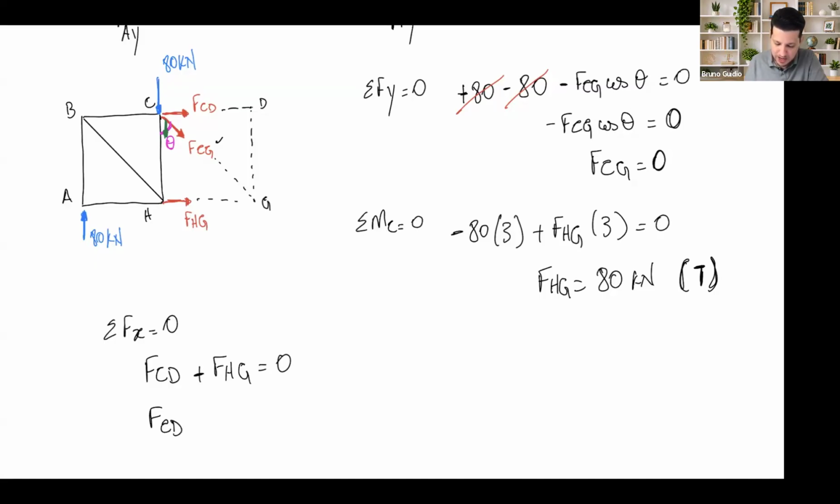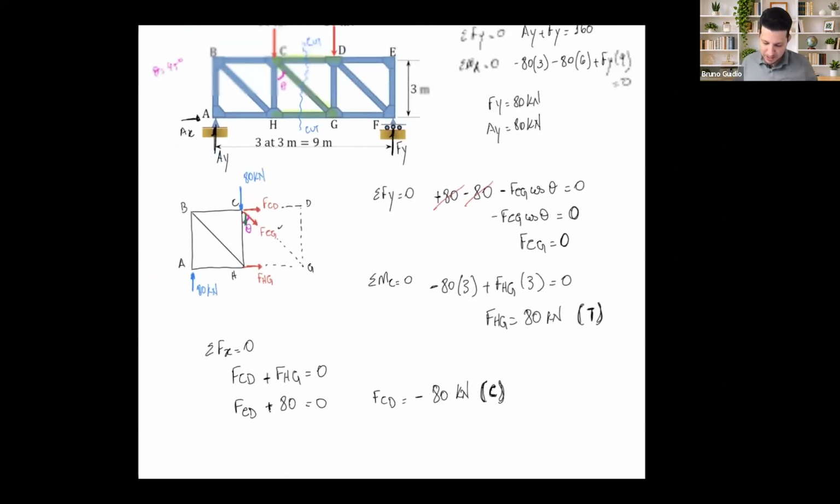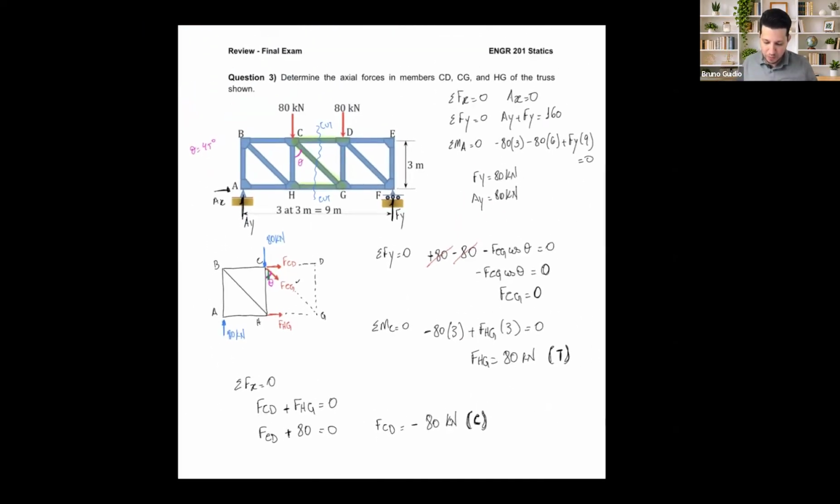FCD is what I'm trying to find. This is positive 80 to 0. FCD is negative 80 kilonewtons, in compression. So it was a very straightforward problem.